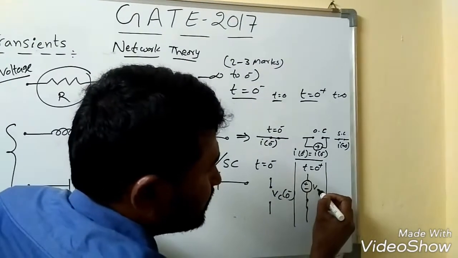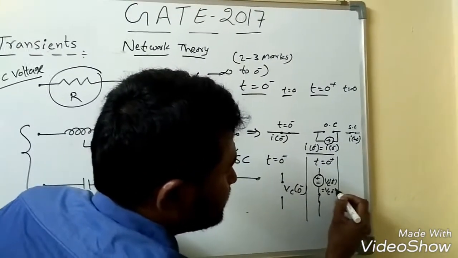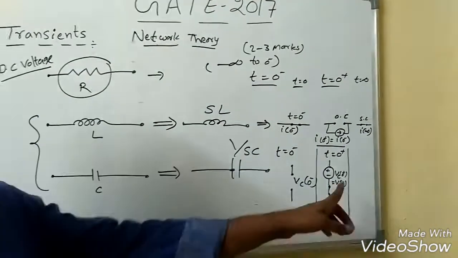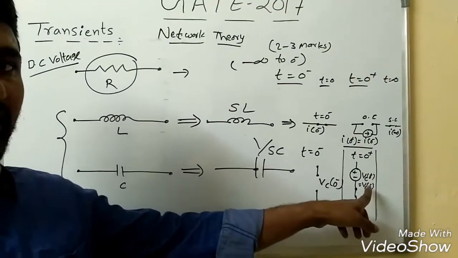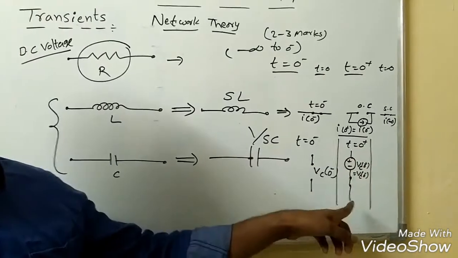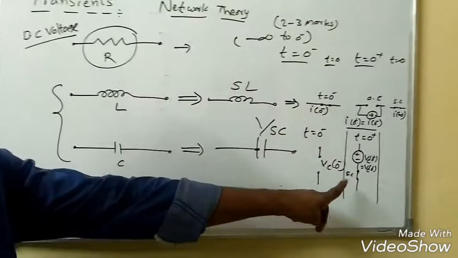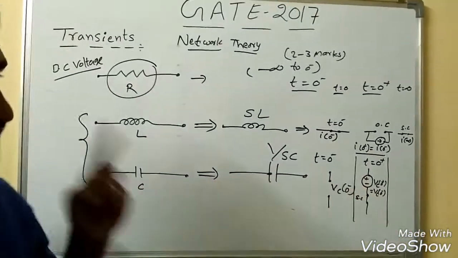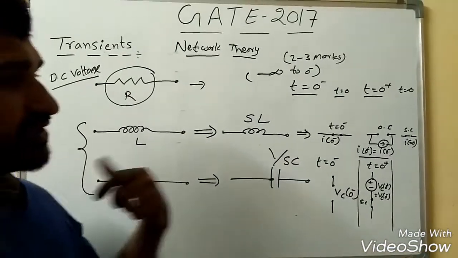That is, Vc of 0 plus is equal to Vc of 0 minus. That means whatever the voltage at 0 minus, that will also be equal at t equal to 0 plus, and this capacitor will behave like a short circuit at t equal to 0 plus with this voltage, right?